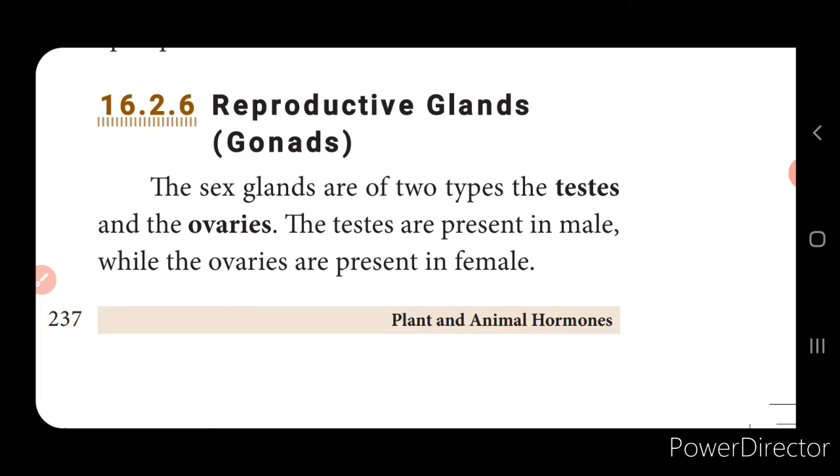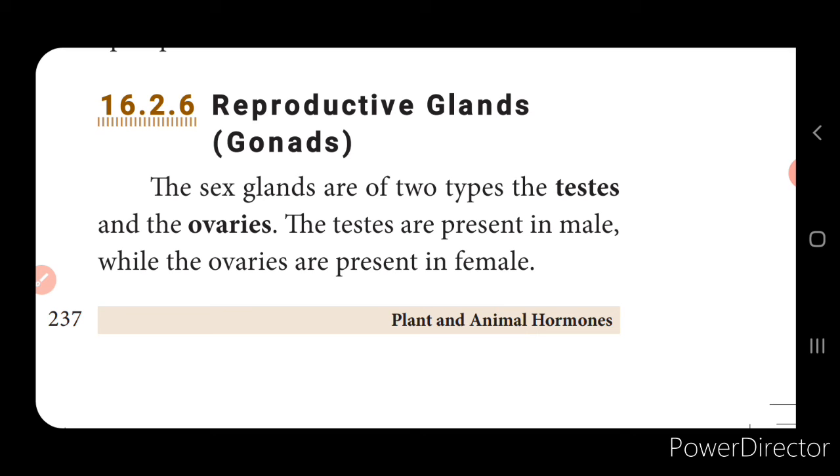And if you see the testes, these are the reproductive glands, especially in males, and they consist of the seminiferous tubules. There are two cells that form the endocrine part of the testis, the Leydig cells and the Sertoli cells. Now, Leydig cells form the endocrine part, and they secrete a hormone called testosterone.